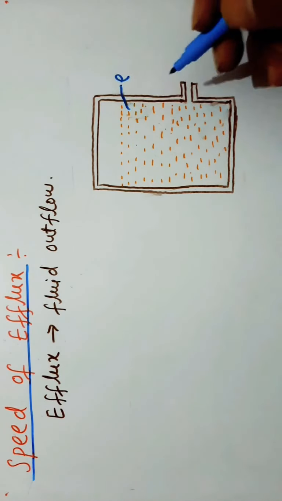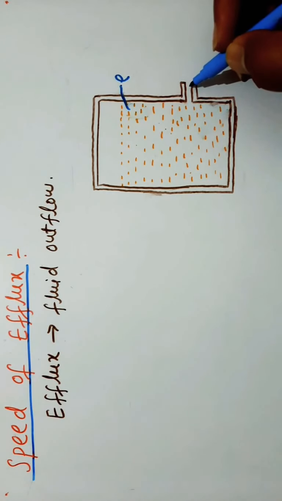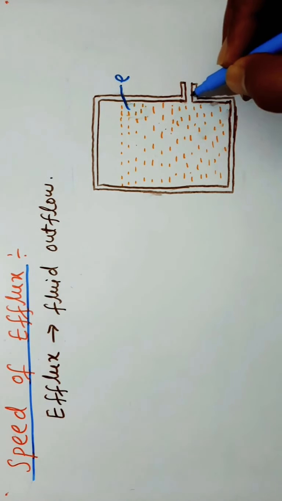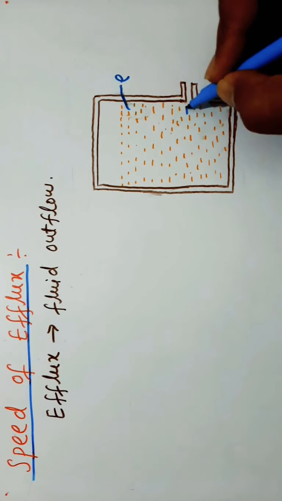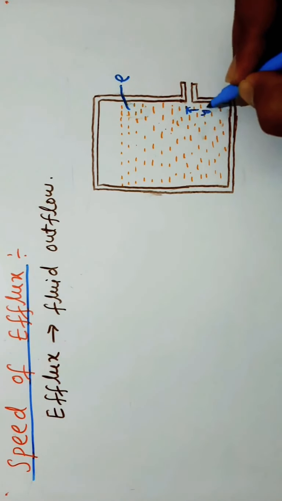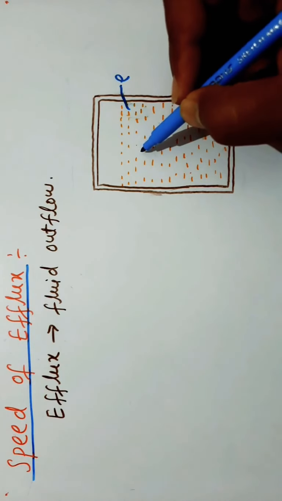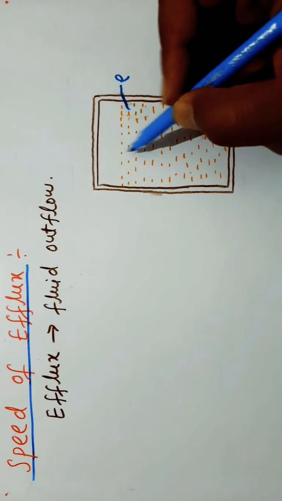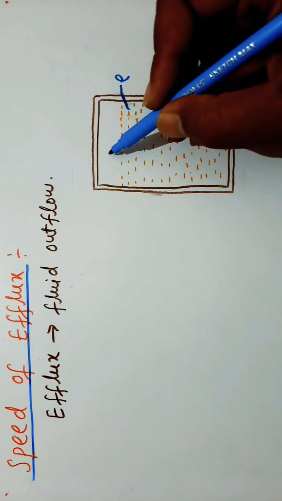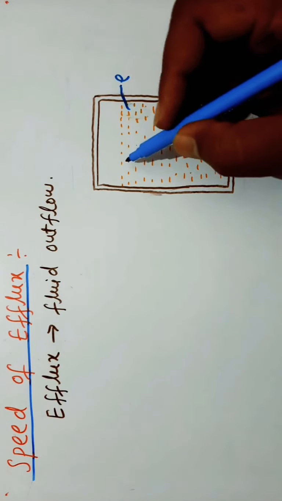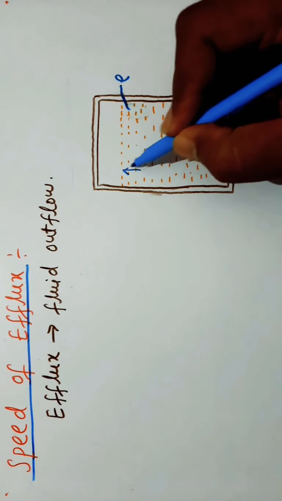On one side it has a hole. The height of the hole from the bottom is, let us take it as y1. The air above the liquid, whose surface is at y2 height from the bottom.